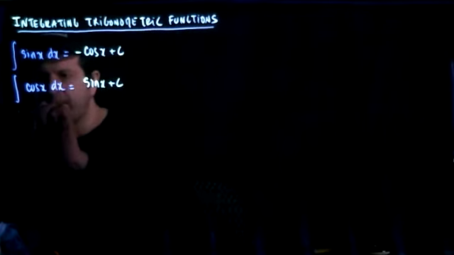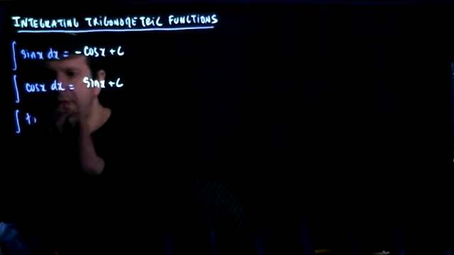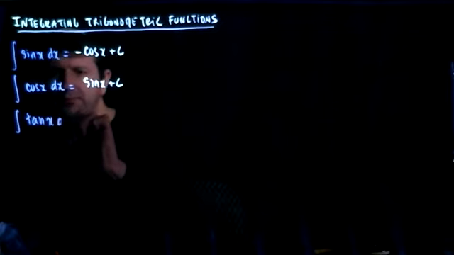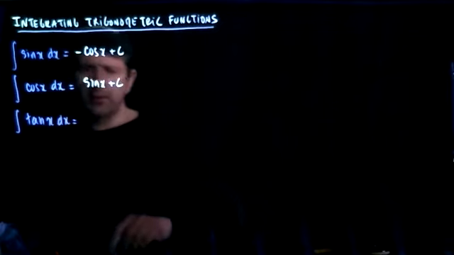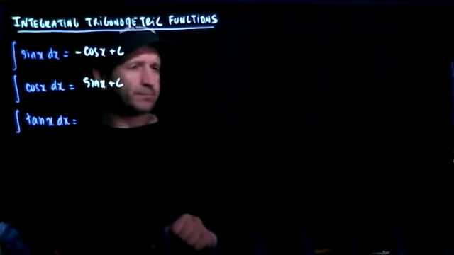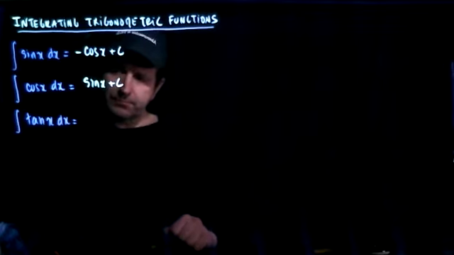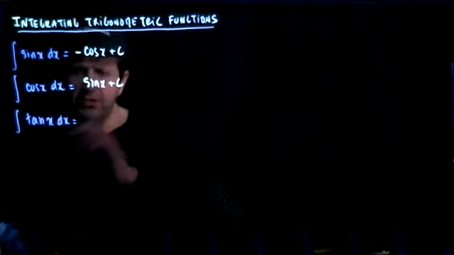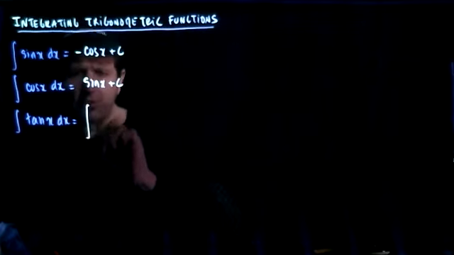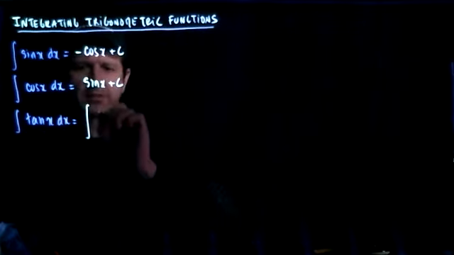Then the integral of tangent x. Did we do this one? Okay, I'll do it still. Tangent, this you have to do a bit of work. So tan is equal to sine over cos.